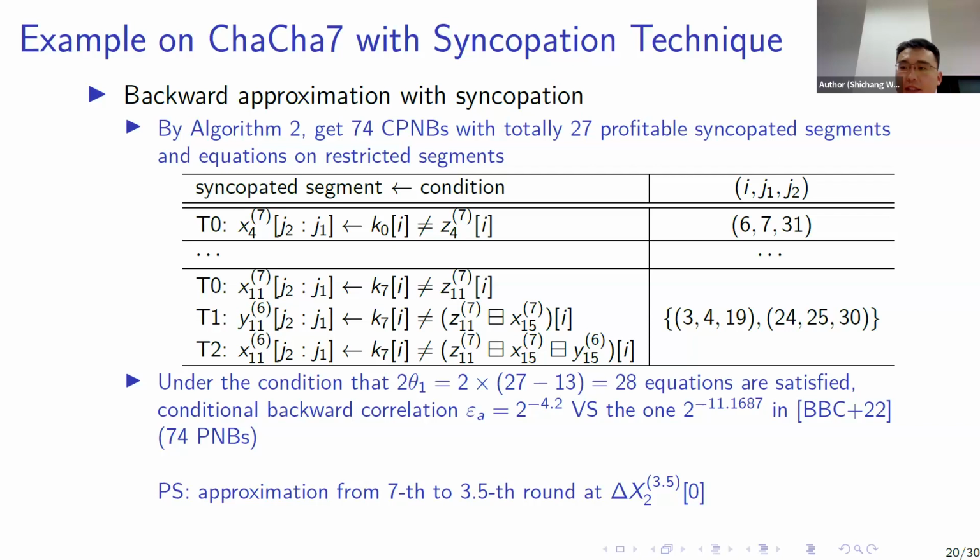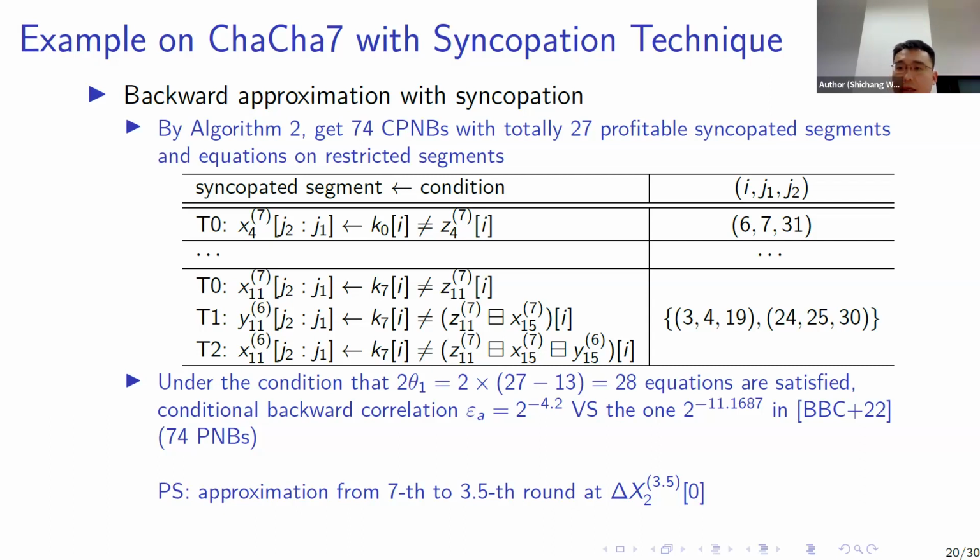An example on 7 rounds of ChaCha is given to demonstrate the effect of the syncopation technique by algorithm 2. We got a set of 74 CPNBs, and it's totally 27 segments, syncopation segments and equations on restricted bits.